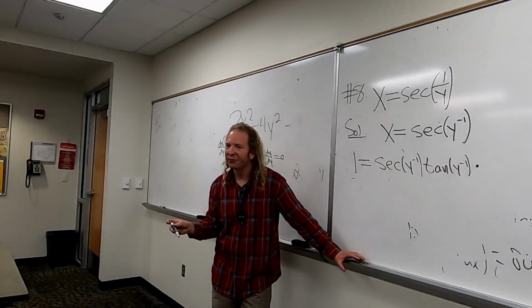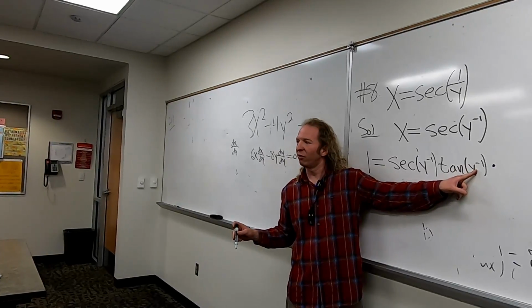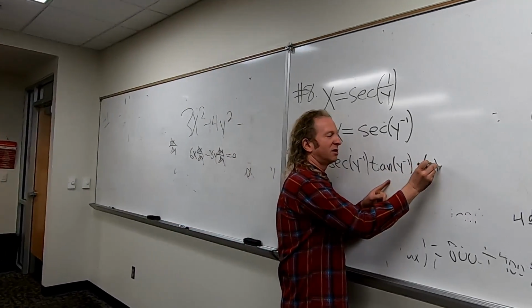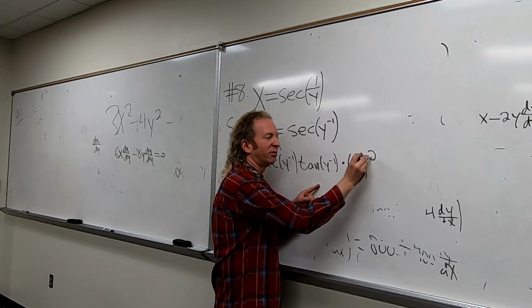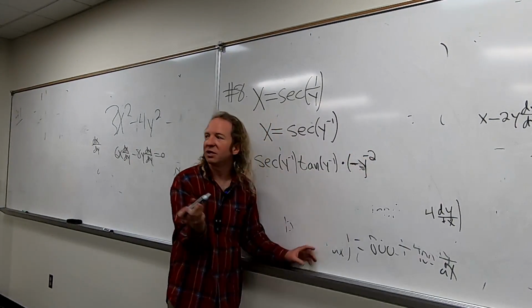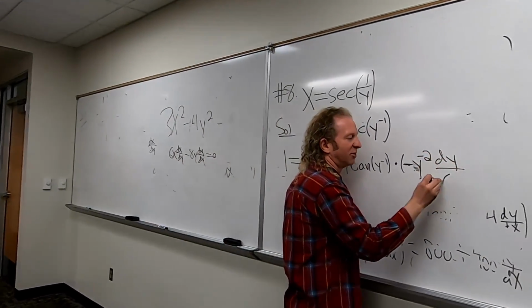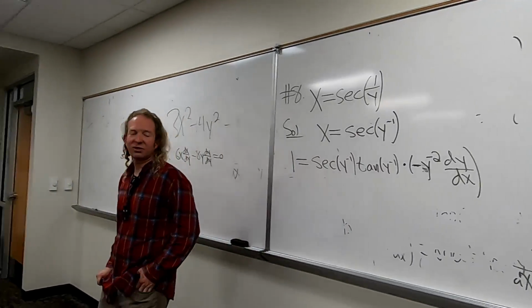It's chain rule. So now we're taking the derivative of y to the negative 1. So you put the negative 1 in the front, so it'll be negative y to the negative 2. What's missing? dy dx. dy dx, very good. Yeah, it's pretty tough.